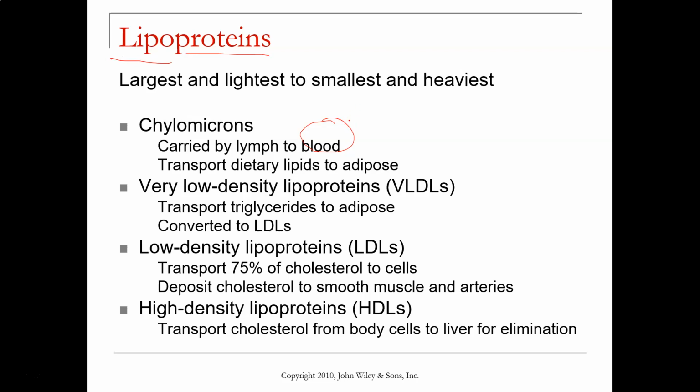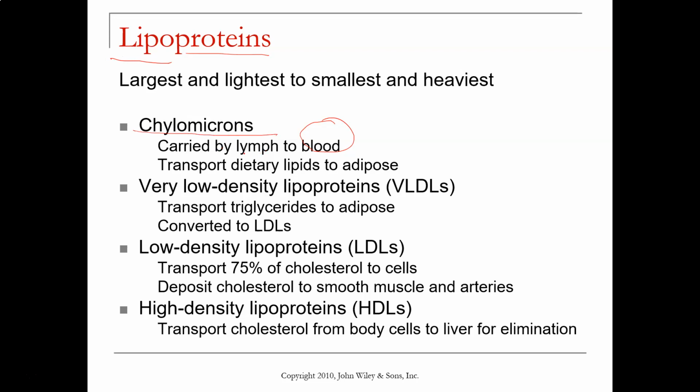But if you complex them with a protein, then they'll be more soluble in your blood. Okay, and there's different kinds of lipoprotein complexes. So you do need to know the difference between them.